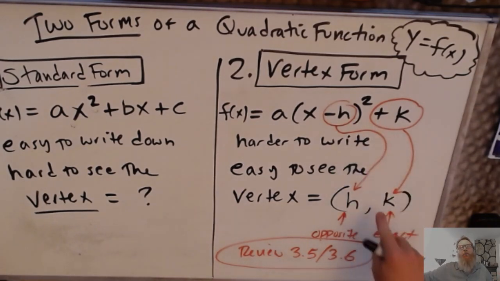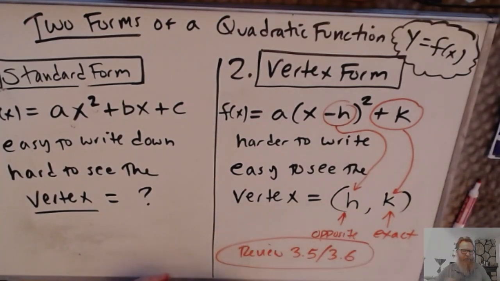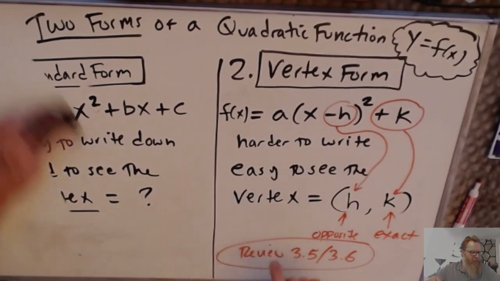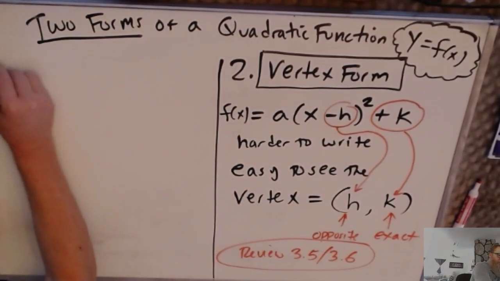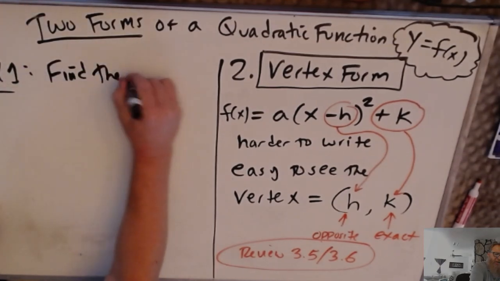We typically don't write the plus sign, but you could write plus k, but I think we all know that just means k. Okay. So these are the coordinates of the vertex. Let's start with my first example, which will be in vertex form. Find the vertex.